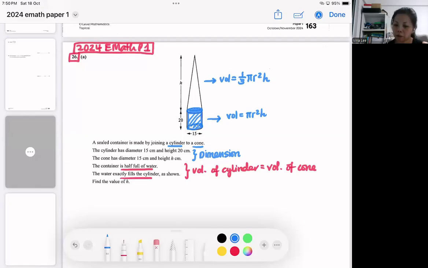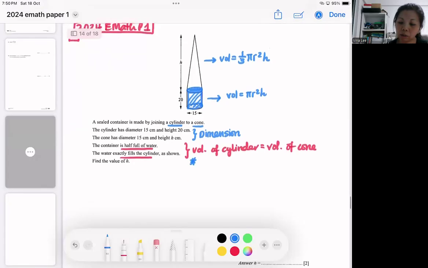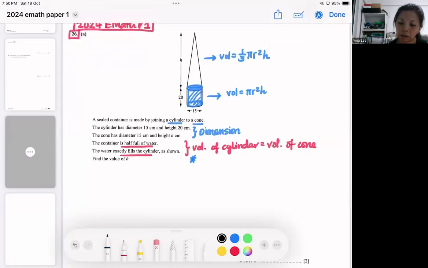If you get this idea, then it is just executing the formula. You can find the volume of the cylinder first, because the dimensions are given. That is the volume of the water. My suggestion is to leave it in terms of pi, so you don't have to deal with long numbers.